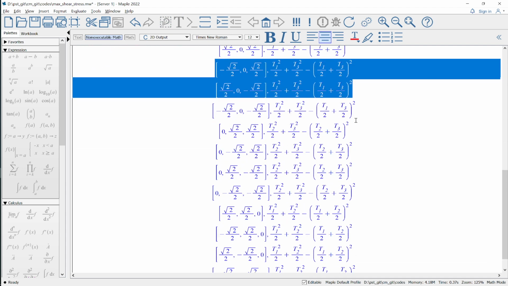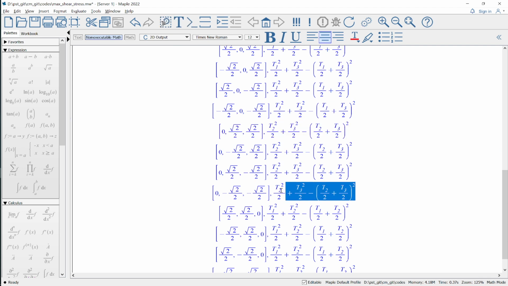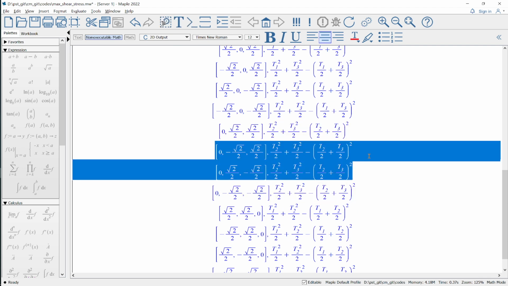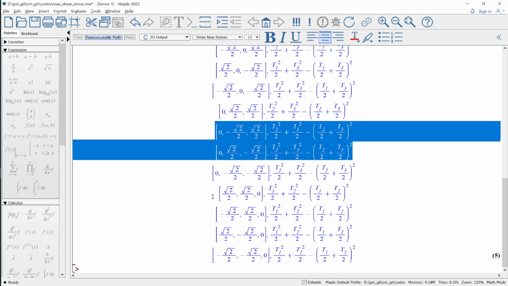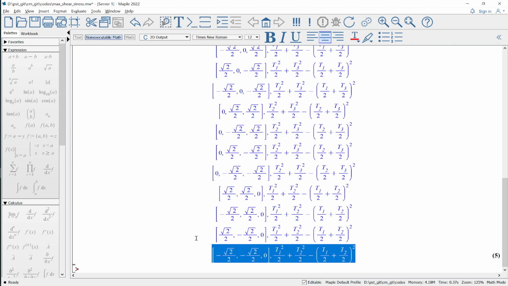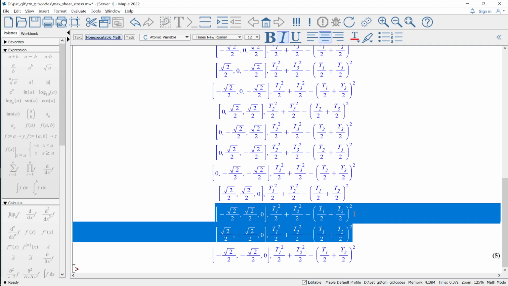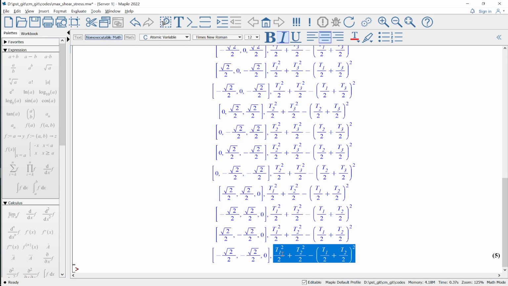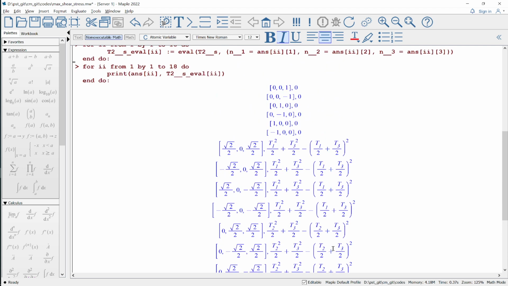And then I have again this one and this 6, and this is the 7th answer, this is 8, and this is the 9th answer. If you look at this one, it is t1 minus t2 squared divided by 2, and basically this corresponds to the 9 answers that you already saw in table 4.1.